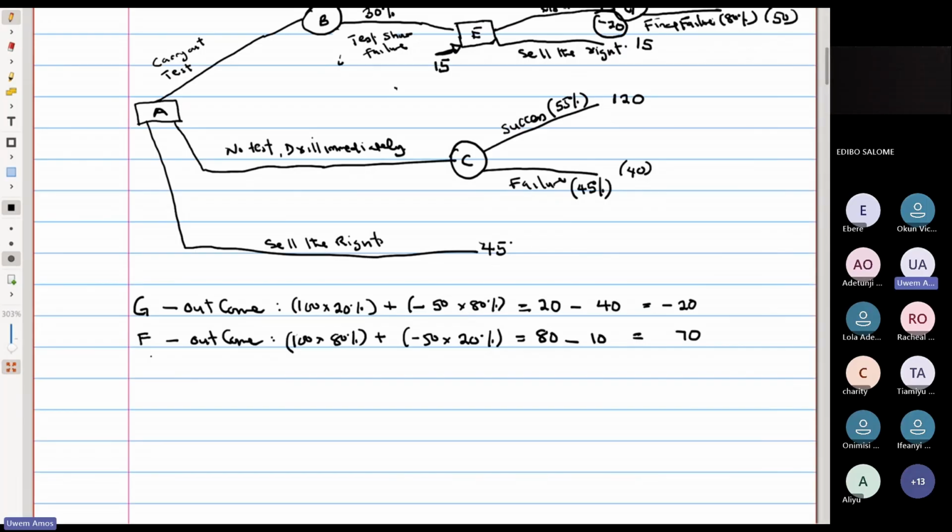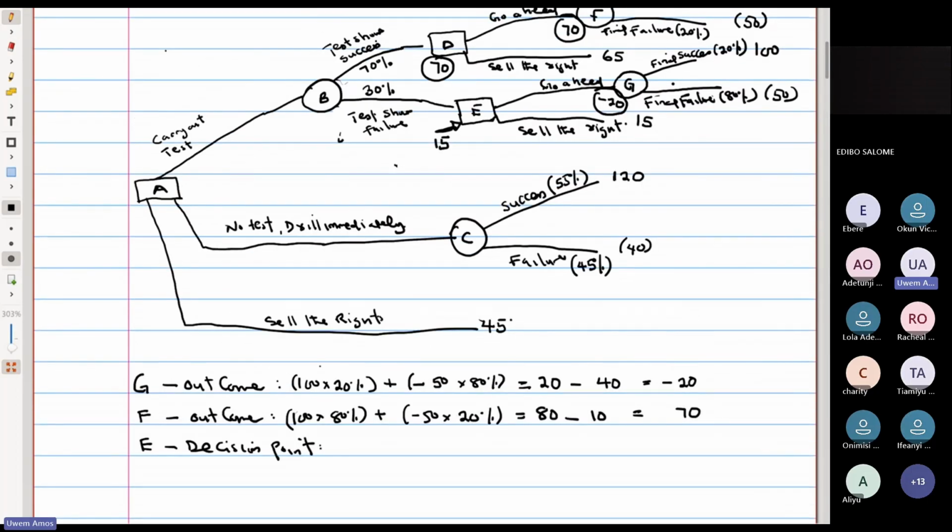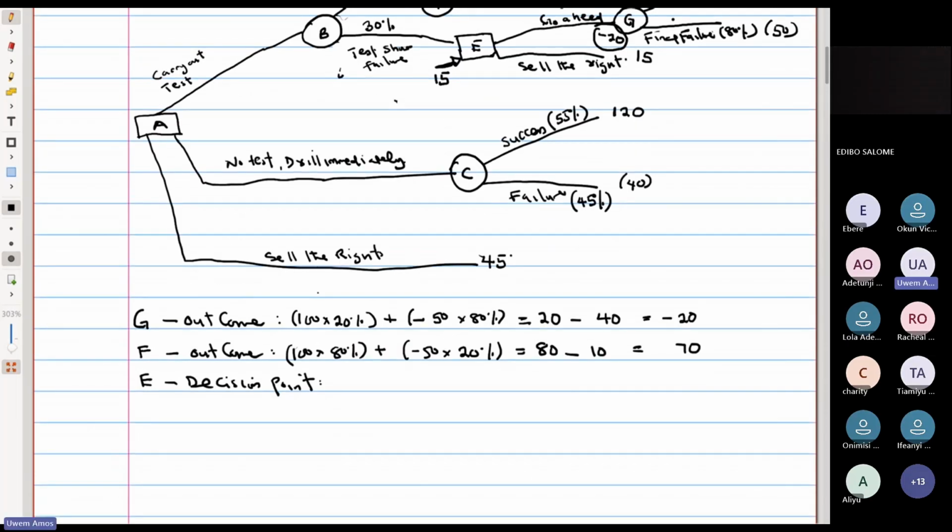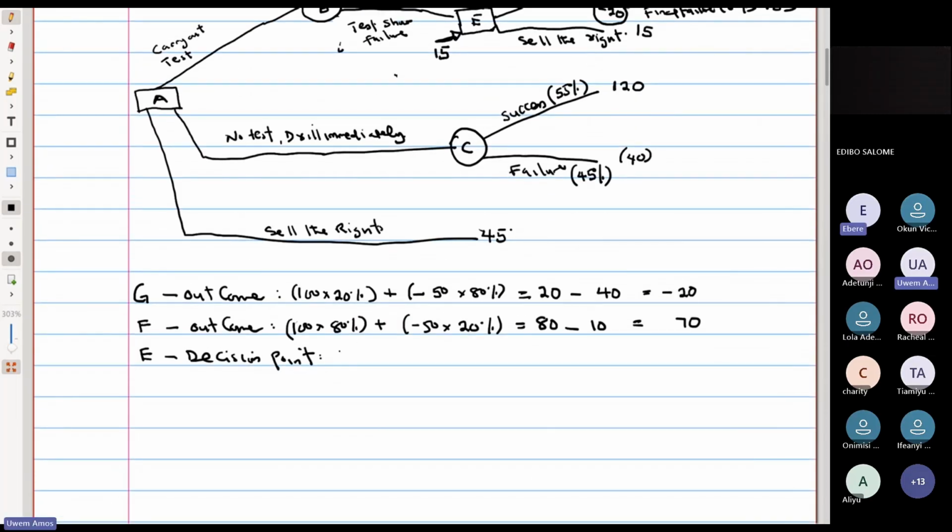So maybe I can just write the G, F, and then E is a decision point. So let me quickly write down the points for all the other ones. E is a decision point. 15 is higher. D is also a decision point.